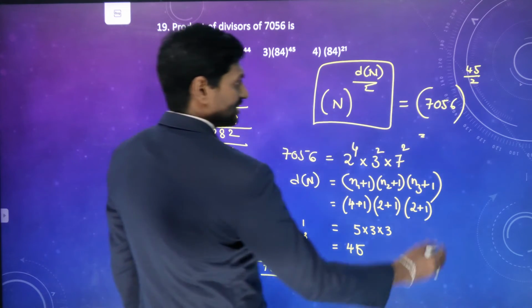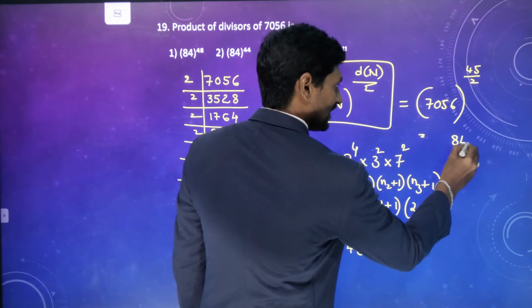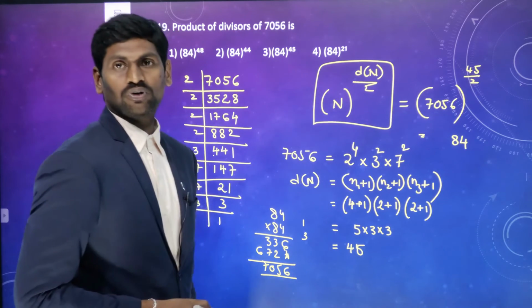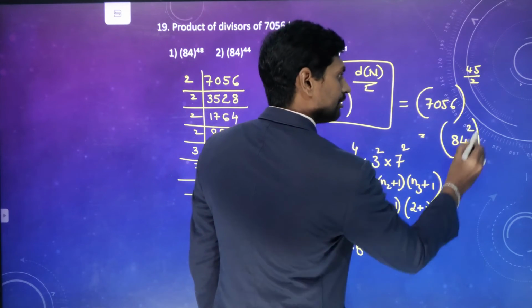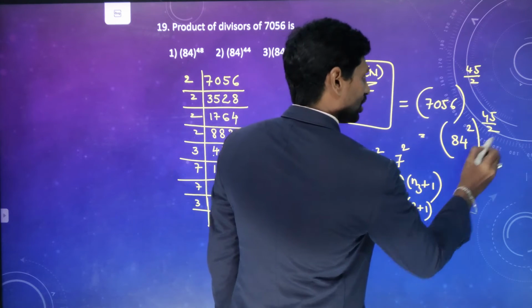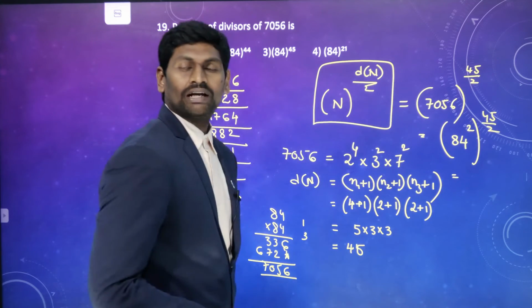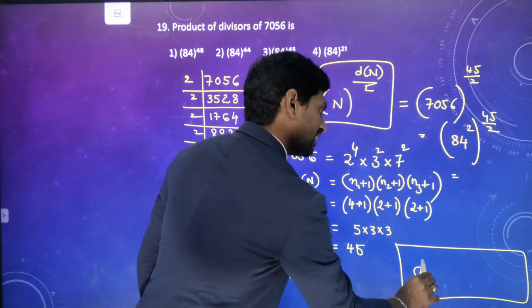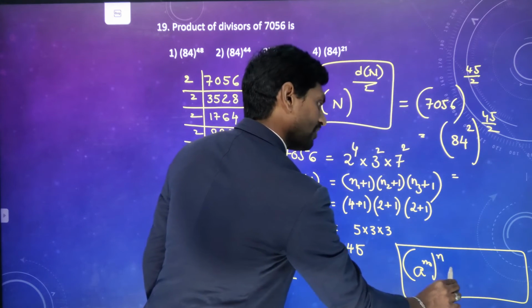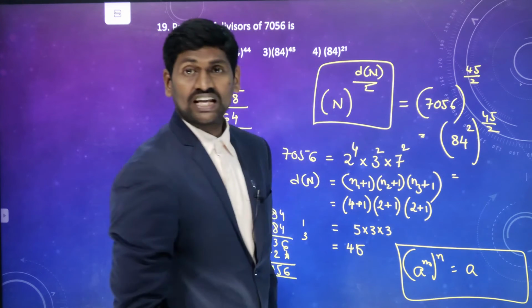We can write this 7056 as 84 into 84, nothing but 84 square, power 45 by 2. Now it is in the form of a power m whole power n. Laws of exponents, you learn that a power m whole power n is nothing but a power m into n.